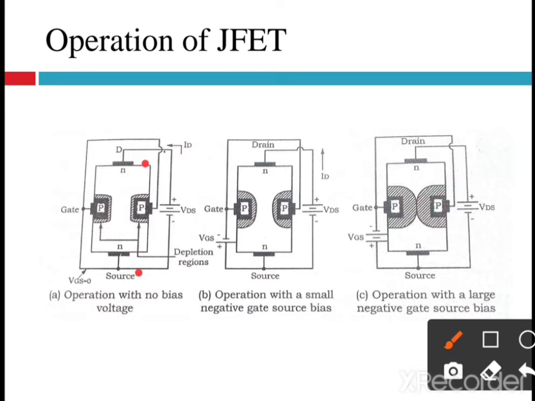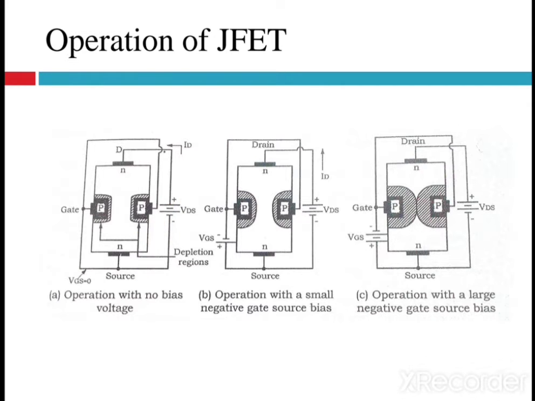VDS is positive and VGS is always negative. The conventional direction of current is from drain to source.